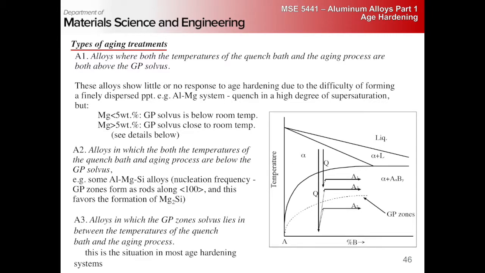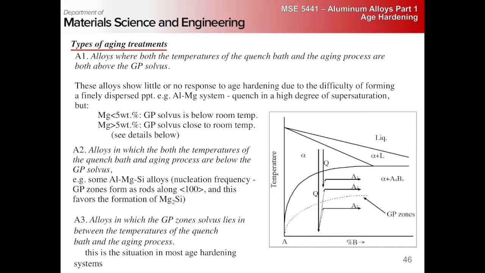So we have a couple different types of aging treatments that commercial alloys go through, and we'll talk about the specifics for specific alloys when we get to the commercially relevant alloy section. But for right now, we can just break it up into 3 general types. So the first, where we quench to a temperature that's above the GP solvus, and then we age at a temperature that is above the GP solvus.